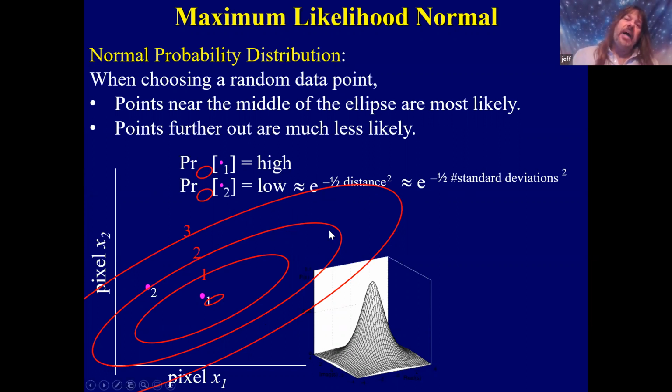Everybody kind of understand what this distribution is and how it relates to these ellipses, right? Now, of course, this is ellipses only in 2 dimensions, and we have ellipses in our 10,000 dimensional space. So it's a little harder to visualize, but this is what we're going for.